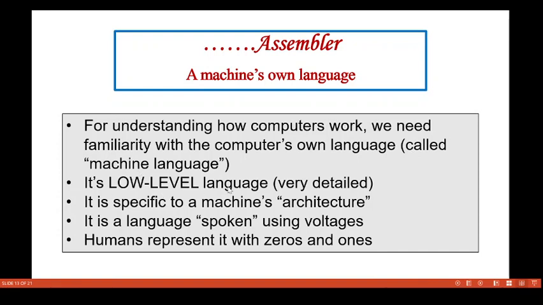It is a low level language which is very detailed. It is specific to a machine's architecture. It is a language spoken using voltages. Humans represent it with zeros and ones, which is binary numbers. So this is low level language.